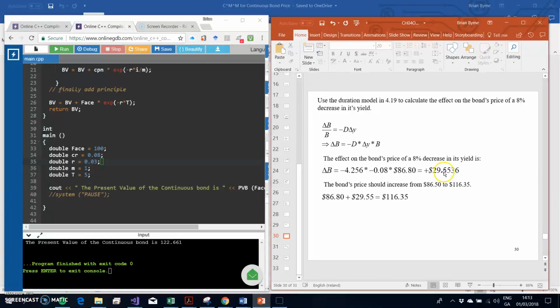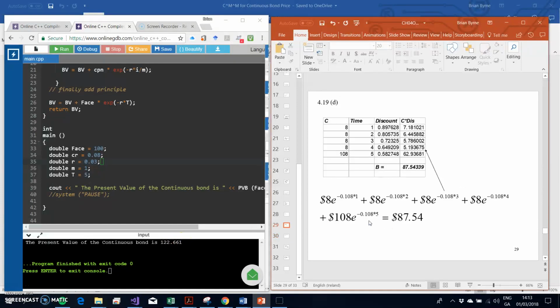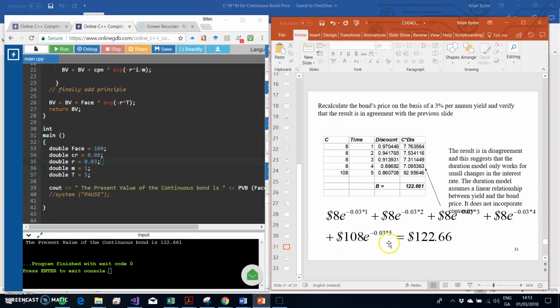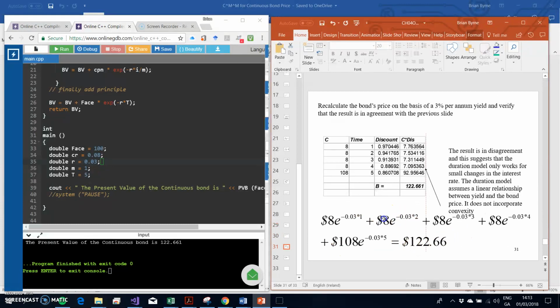When we take 29.55 and add that to 86.80, we get 116.35, which is out of sync with the 122.66, and of course different to the value we have here, which is the true value.